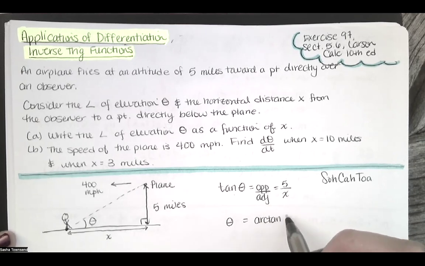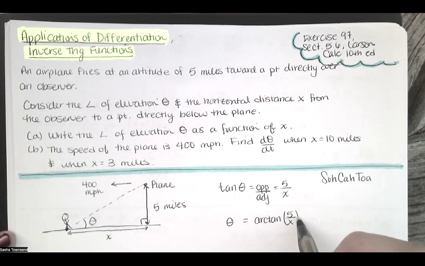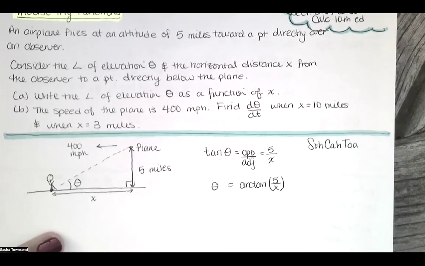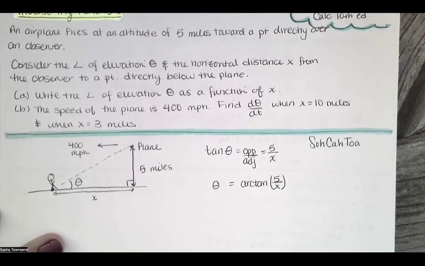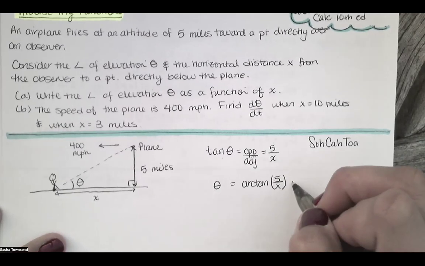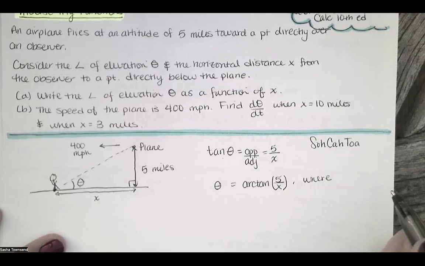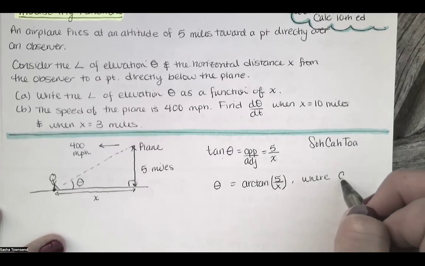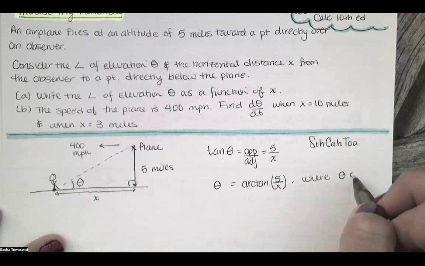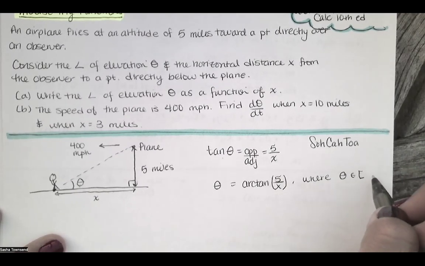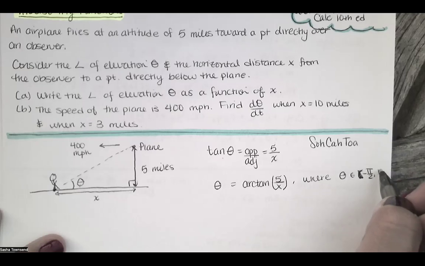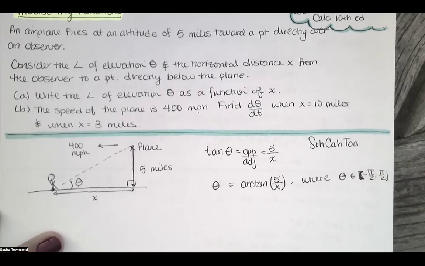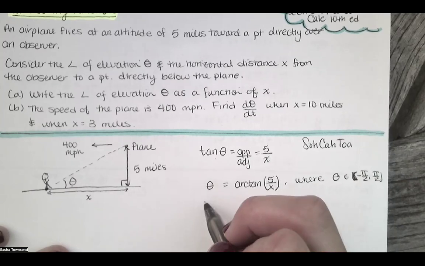And I'll just call that the arctangent. We'll have theta equals arctangent of 5 divided by x, where we're assuming that theta is in the interval from negative pi over 2 to pi over 2. So that's one possibility.